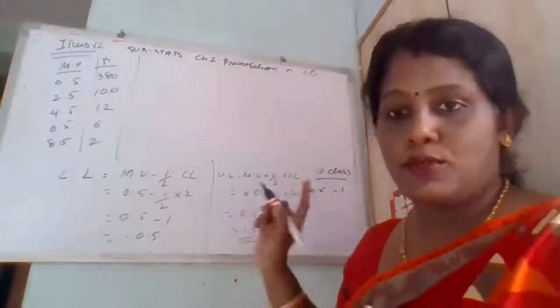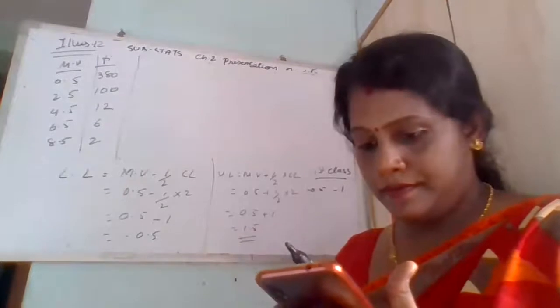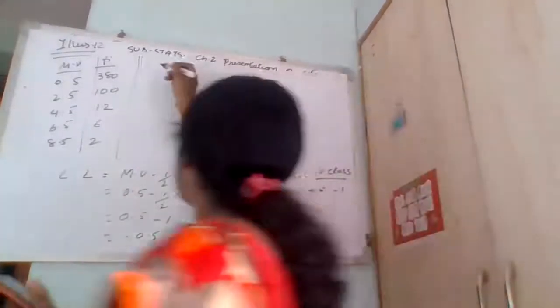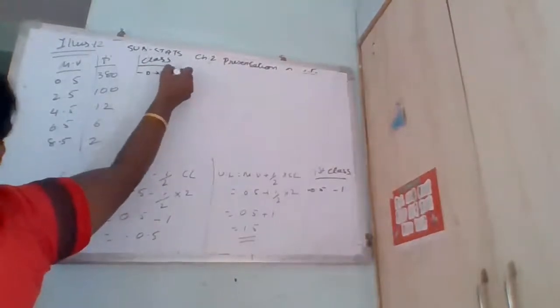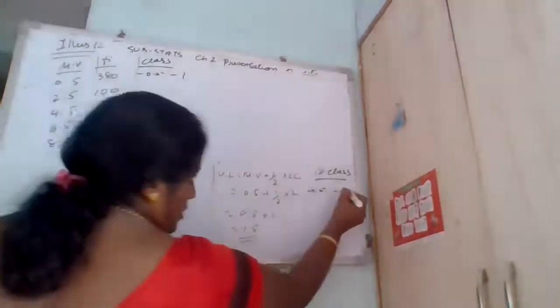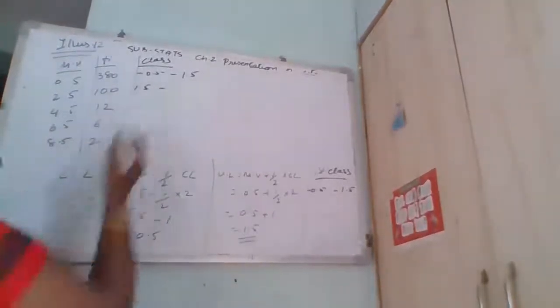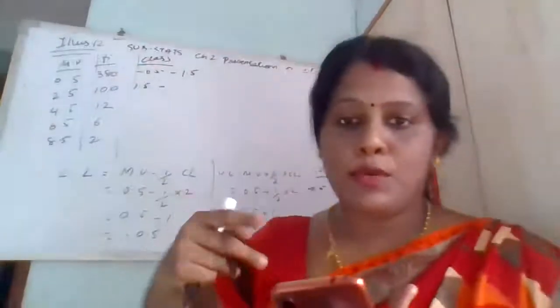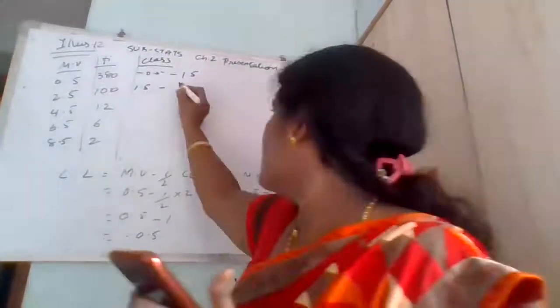Minus 0.5 to 1.5, that is your first class, right? Then 1.5 to 2.5. Now we have to add, our class length is 2. Now we have to add 2 in each class.